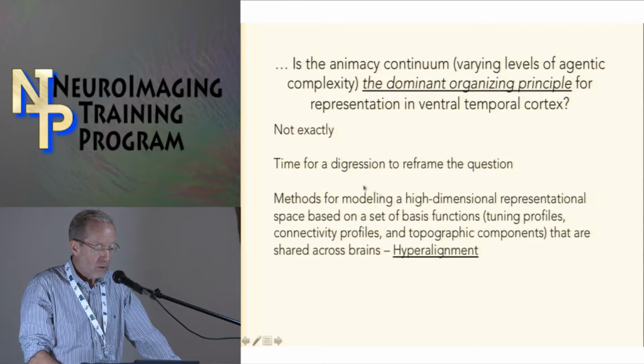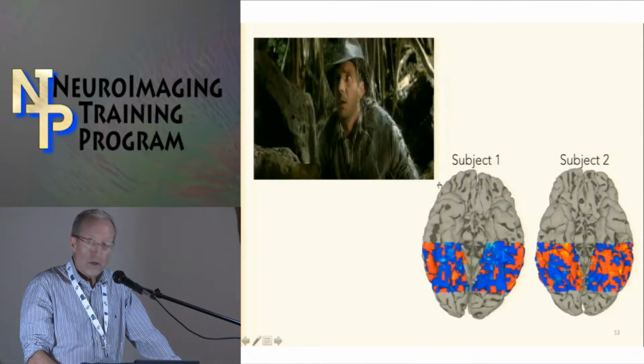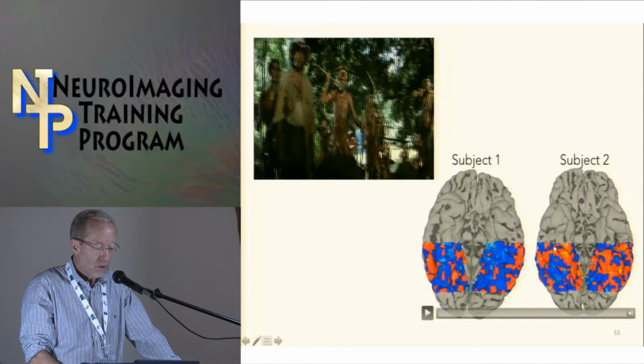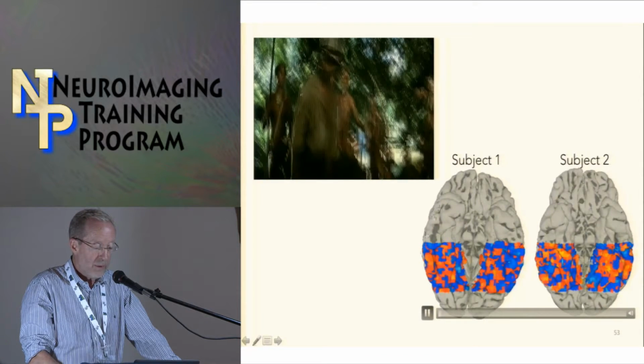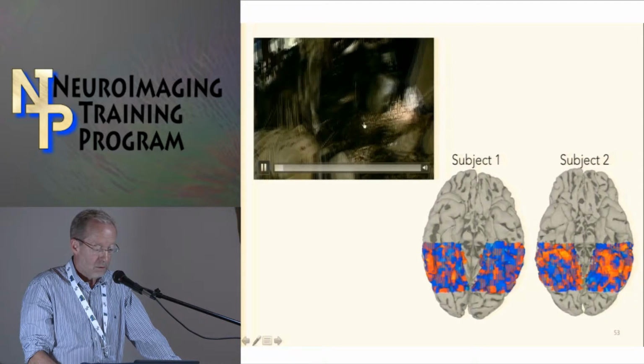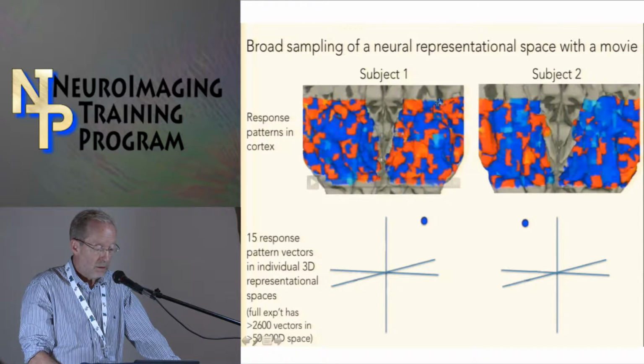And so now I want to have a little digression. I said I wouldn't talk about hyperalignment, but I will here, because it comes from the work on hyperalignment. So again, these are the patterns of response while people are watching Indiana Jones.